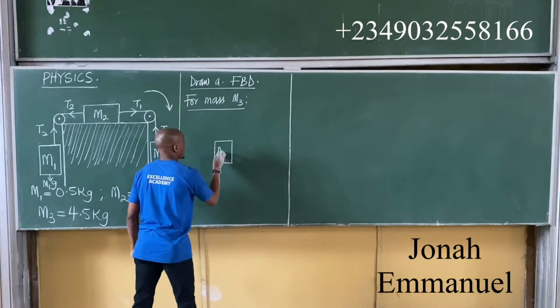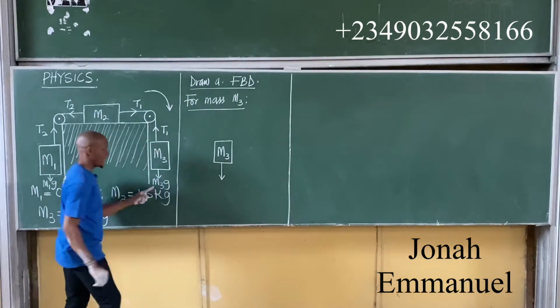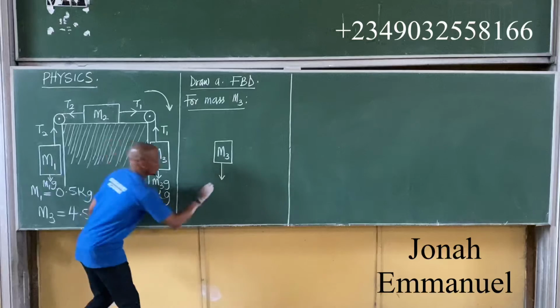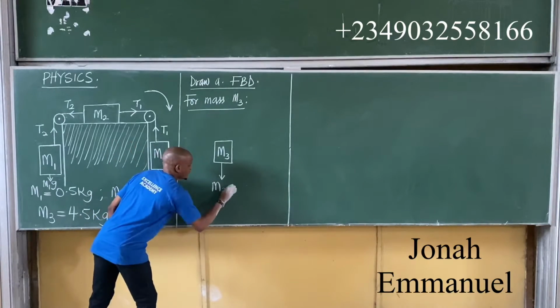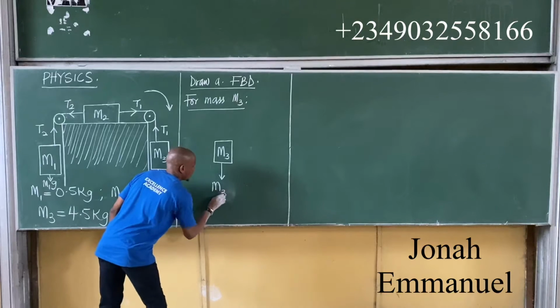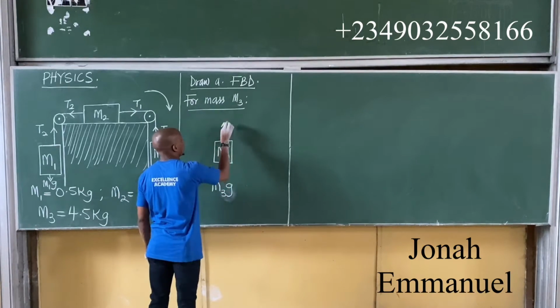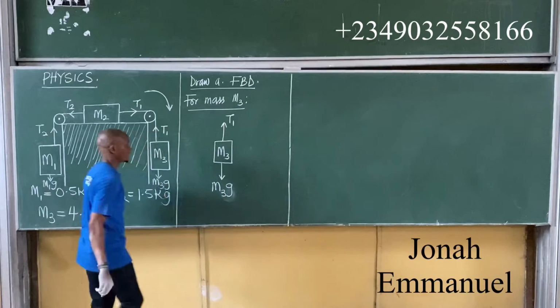This is M3. For M3, coming down here, I have M3G. Going up here, I have T1, so it becomes T1.